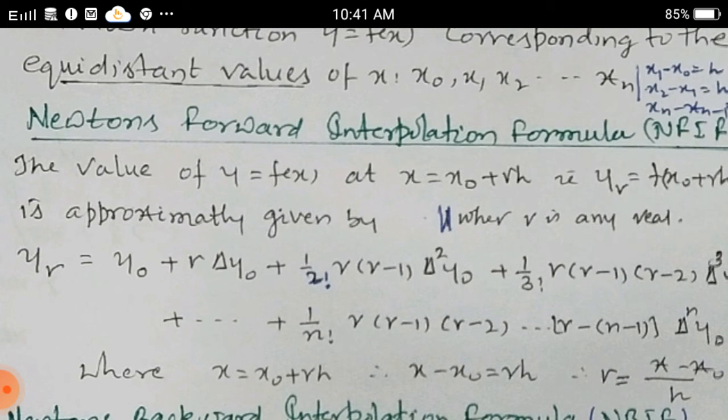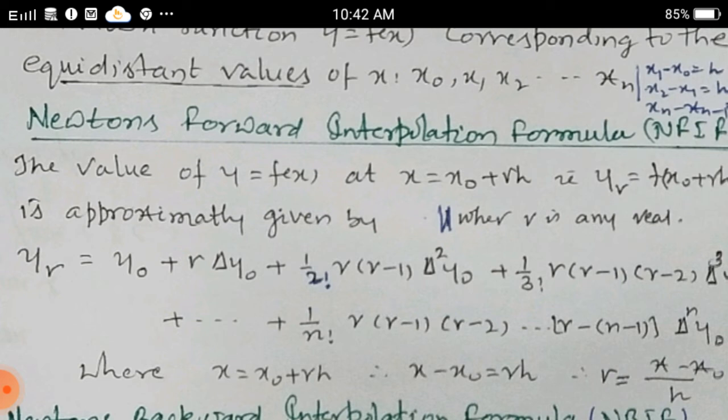So r is any real number, h is the step size, and x naught is the first value of x in the table, and x is the given value at which the required value of y is to be found.